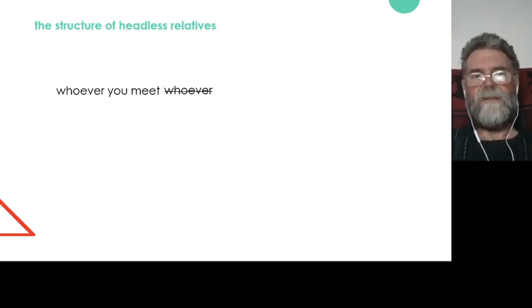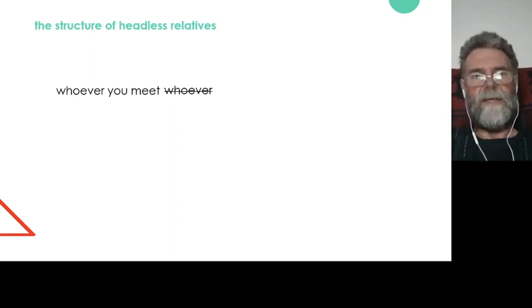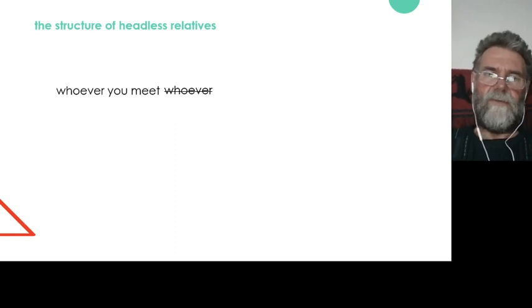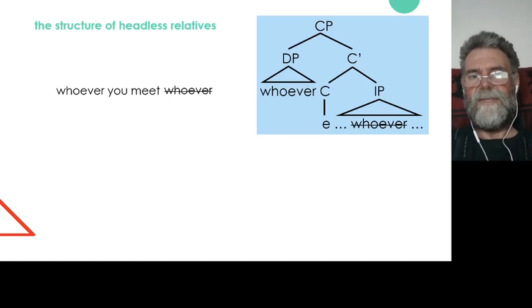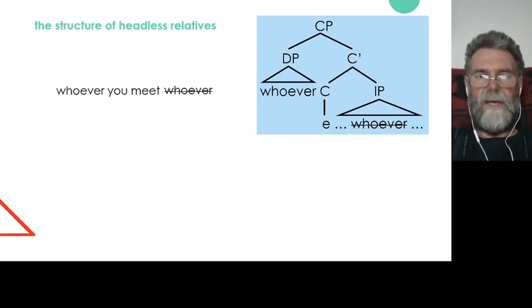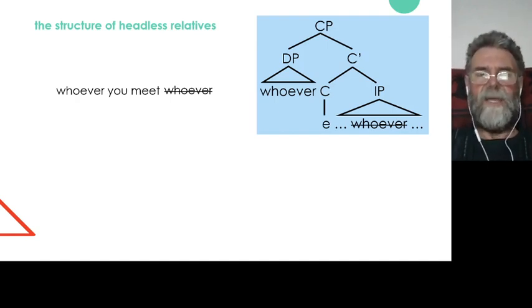We don't see the object, presumably because the object is the whoever that's moved out of the object position to a position in front of the subject, and again that seems very likely to be exactly the same place where WH phrases in general move to. That is the specifier of the CP. So we've got a WH movement from some position inside the IP to the specifier of the CP. The complementizer position is empty because again there's no inversion in these kinds of clauses.